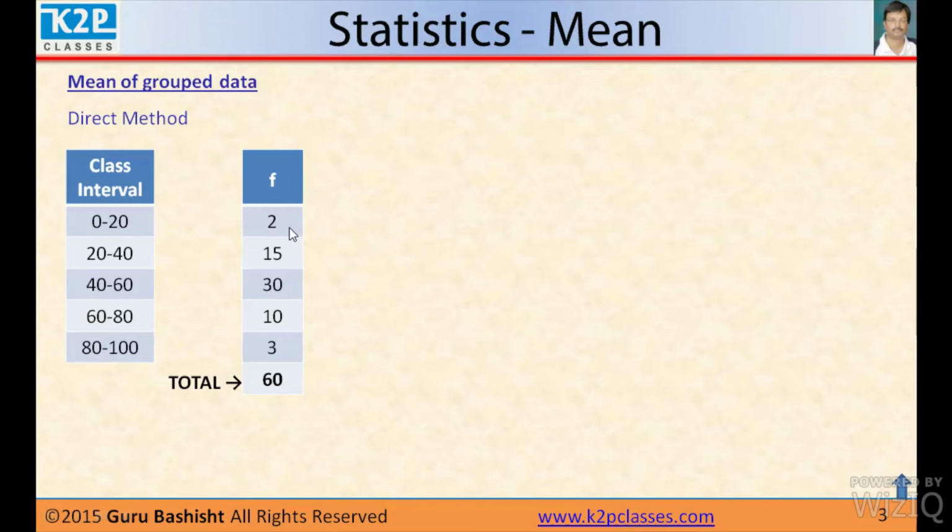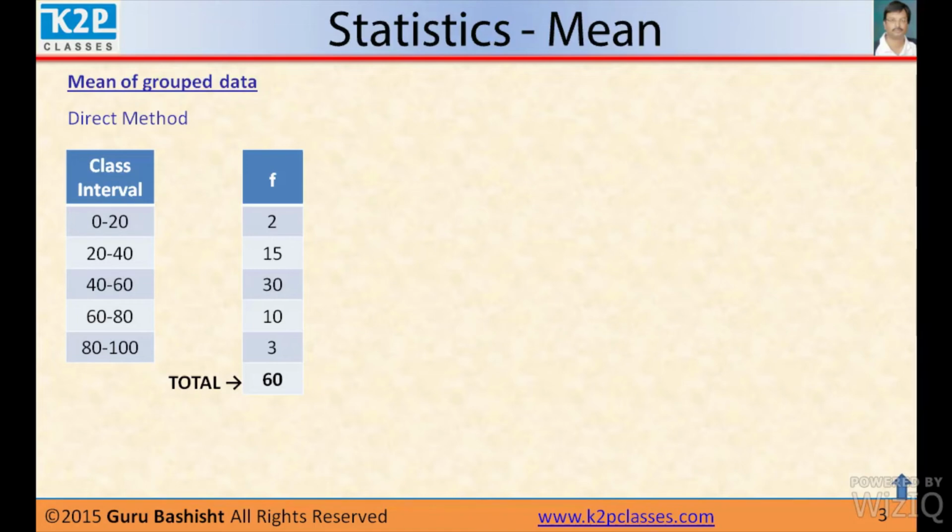It is 2. How many between 20 and 40? That is 15. How many got between 40 and 60? It is 30. How many got between 60 and 80? It is 10. How many got between 80 and 100? It is 3. So this type of data is called group data.